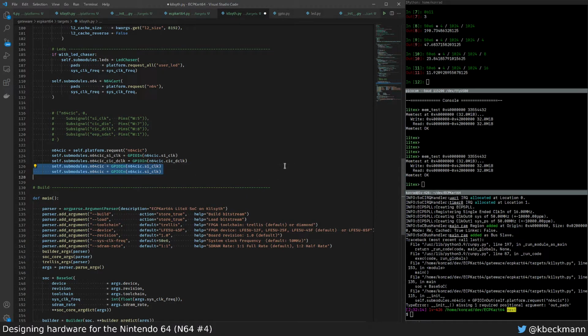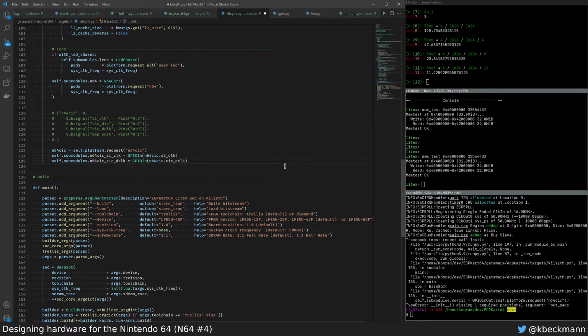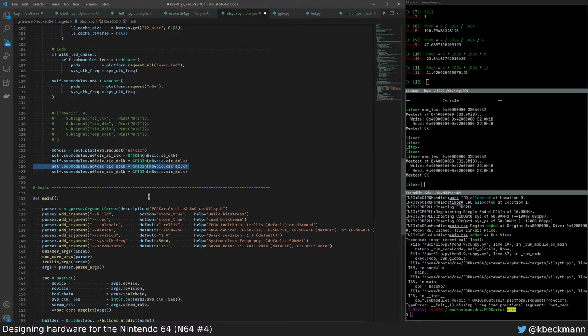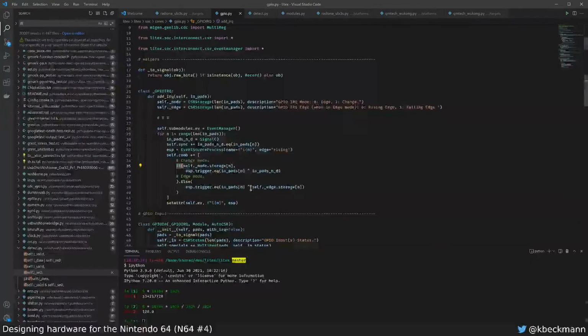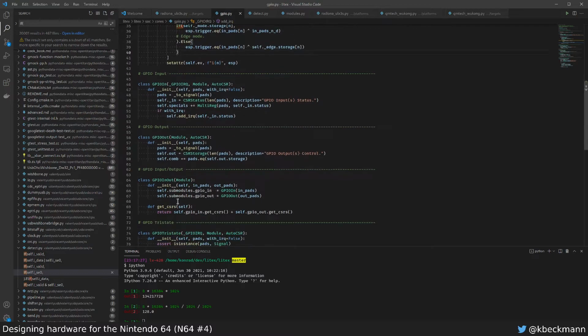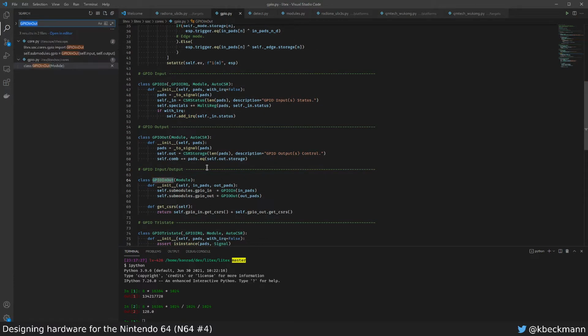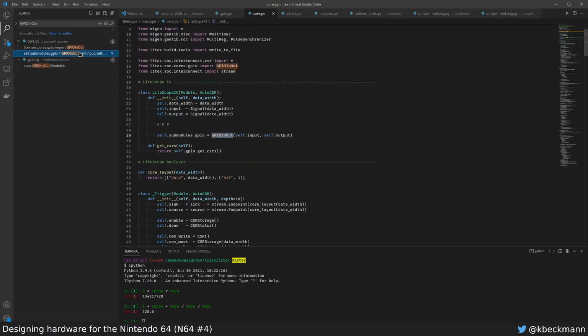So yeah, let's remove those, and then we need to create. This is a little bit annoying. So we need to do the tri-state stuff. I'm kind of curious. There has to be someone who's used those inouts. So I'm interested in the output enable.